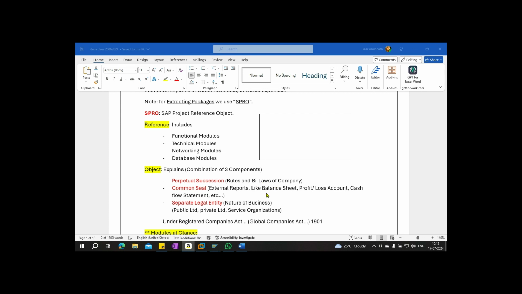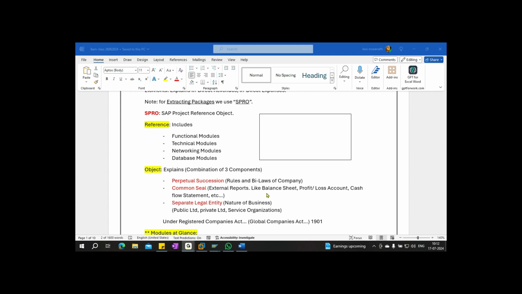Includes functional modules, technical modules, networking modules, and database modules.